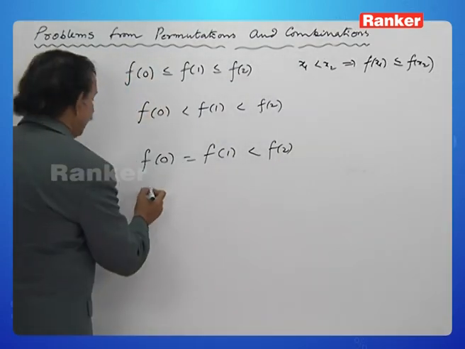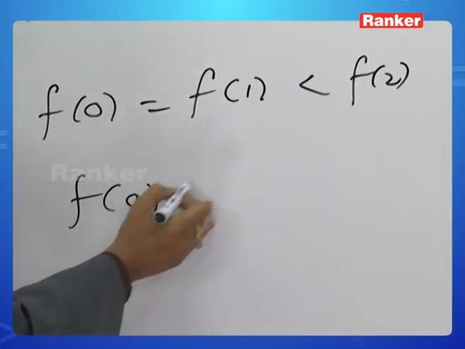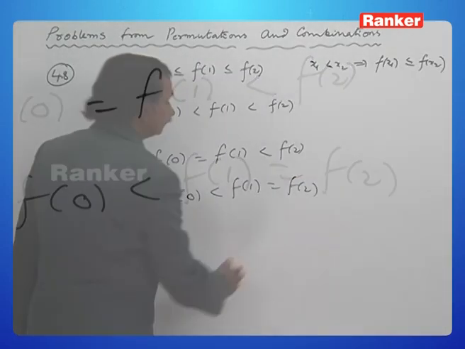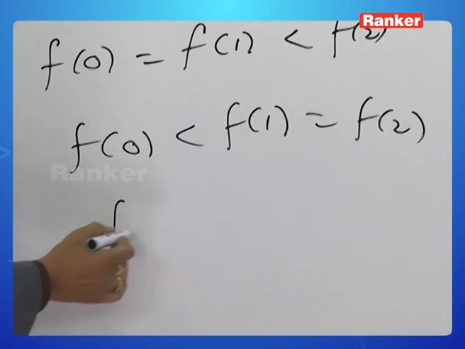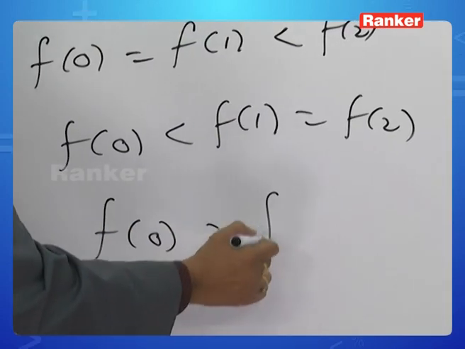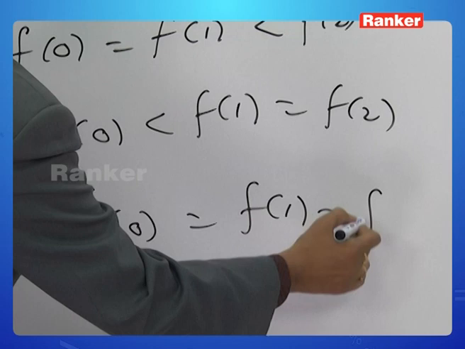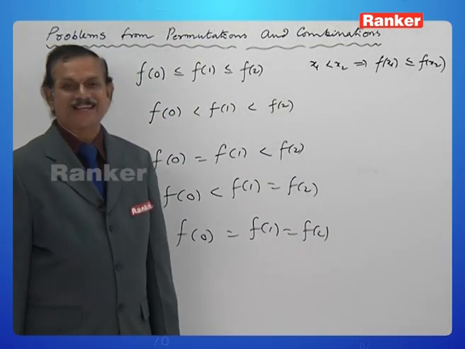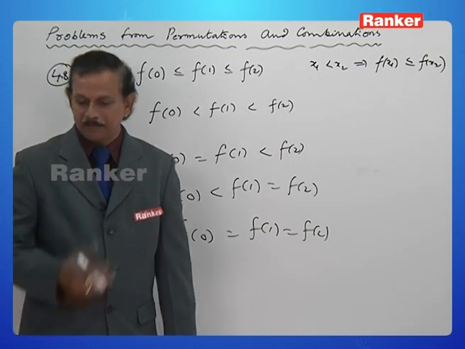Next one, f of 0 less than f of 1 is equal to f of 2. And the last possibility, f of 0 is equal to f of 1 is equal to f of 2. These are the possible cases.